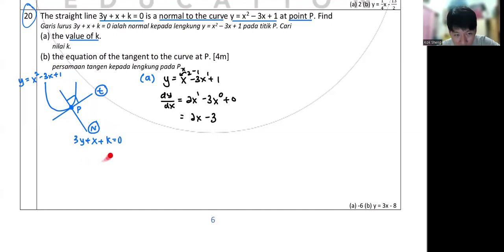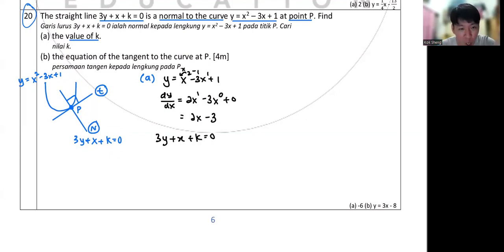Find the gradient. From the normal gradient, you can get back the tangent by using the perpendicular formula, and the tangent gradient will equal dy over dx. Okay, slowly. Let's get the normal gradient first. 3y plus x plus k equals 0.